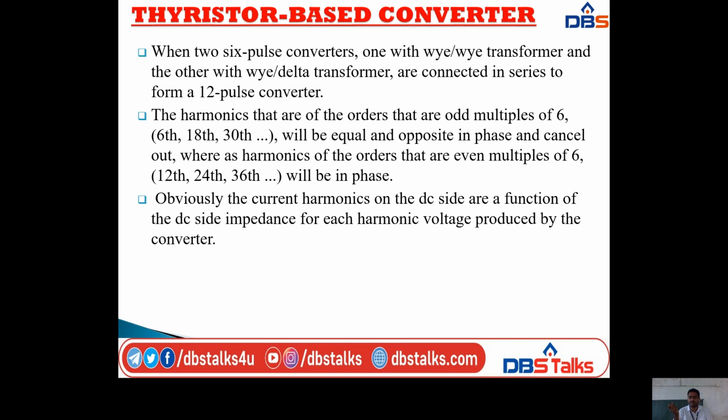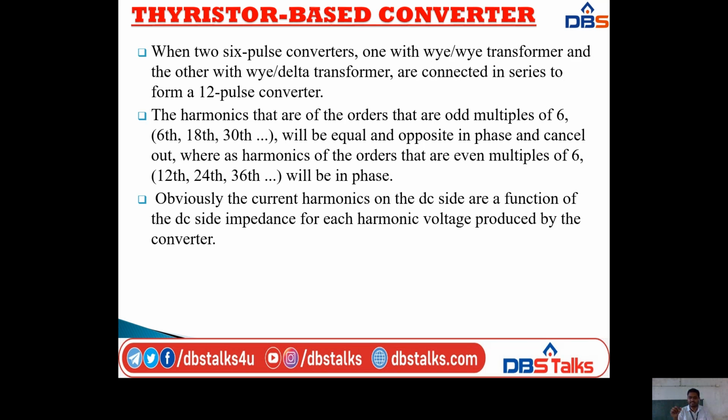So here the harmonics of the orders that are odd multiples of 6, that is 6th, 18th, 30th, like that, will be equal and opposite in phase and cancel out, whereas the harmonics of the orders that are even multiples of 6, that is 12th, 24th, 36th, will be in phase.